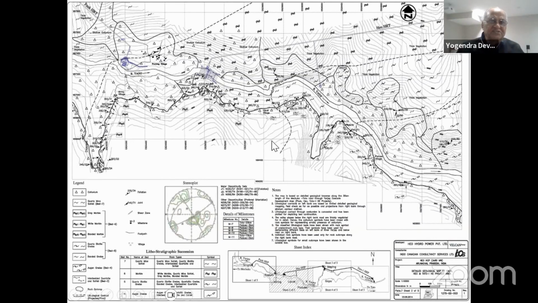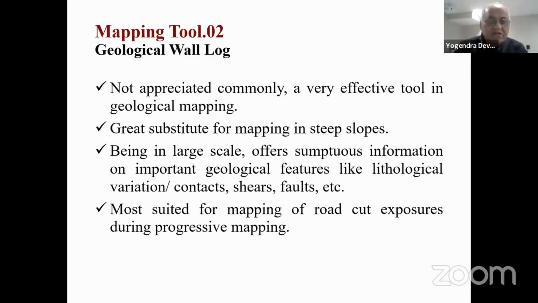They picked up all the features here, and all these major lithological contacts, like the one here between marble, quartzite and schist, were projected using the stratum contour method, to show how they will go and where we will find these rock types on the other bank of the river. So the stratum contour is a very handy tool which is helpful in working where accessibility is not there.